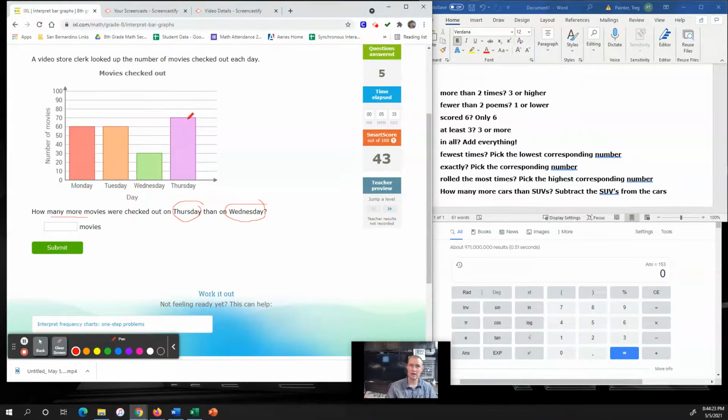Thursday we had 70, and Wednesday we had 30. Because we're looking for how many more, we subtract 70 minus 30, which gives us 40. Interpreting this bar graph, that meant they were able to check out 40 more movies on Thursday. So it's a better business day on Thursday.